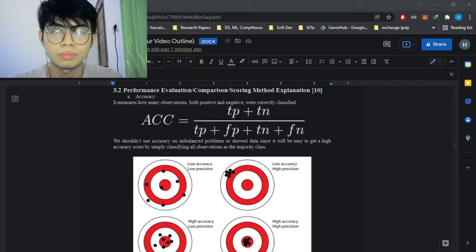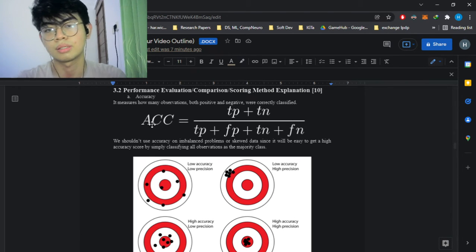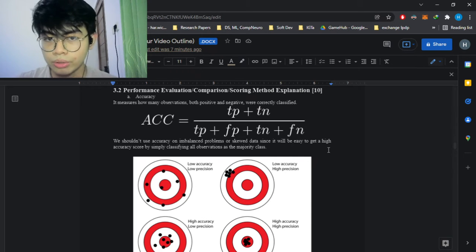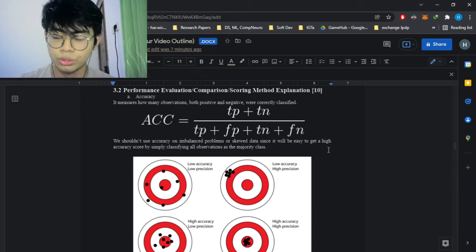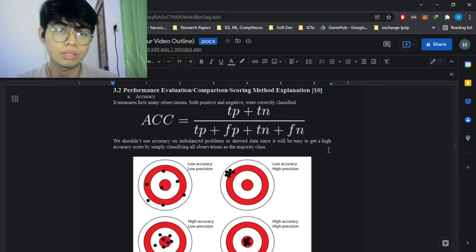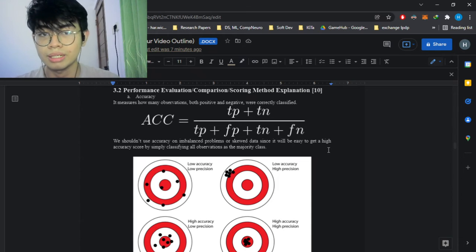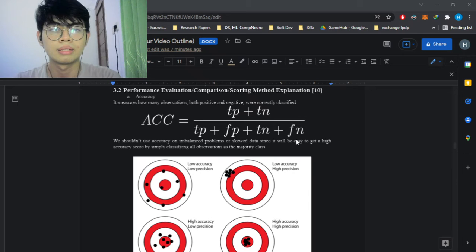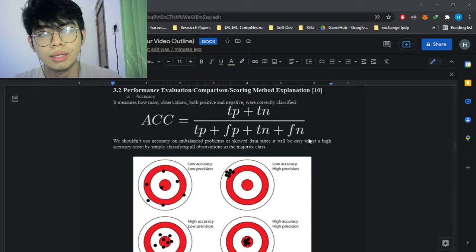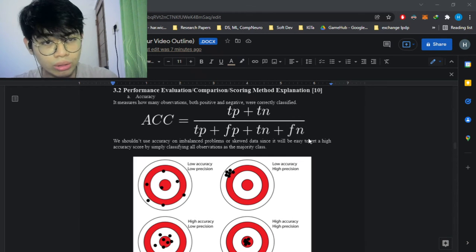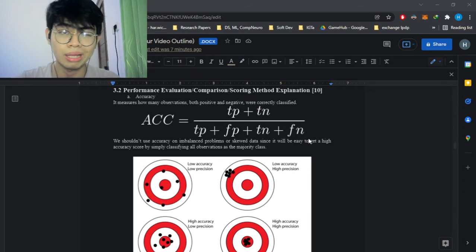This is the formula: true positive plus true negative over the whole data, which is true positive, true negative, false positive, false negative. And that accounts for accuracy. It is a valid choice of evaluation for classification problems which are well balanced and not skewed, so there's no class imbalance.